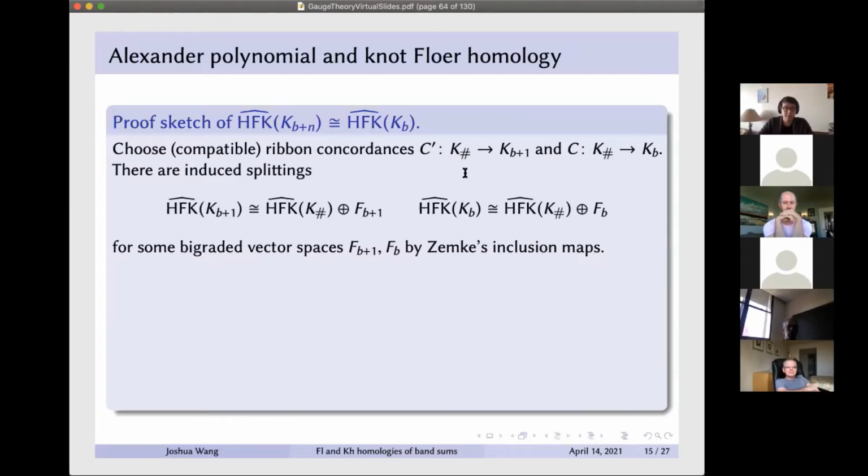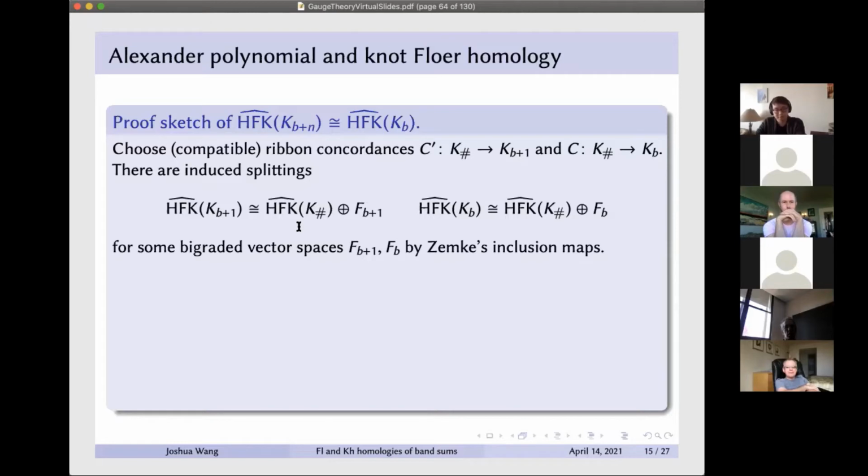Then I use Zemke's result to write the knot Floer homology of KB as the direct sum of the knot Floer homology of K sharp plus some bigraded vector space that I'll call FB, and I'll do the same for KB plus 1. To show that KB and KB plus 1 have the same knot Floer homologies, it suffices to show that FB and FB plus 1 are bigraded isomorphic, because we've found portions of each of their knot Floer homologies that are the same.